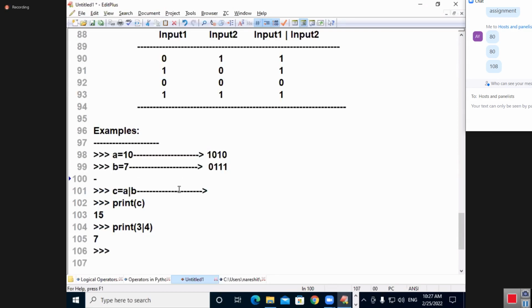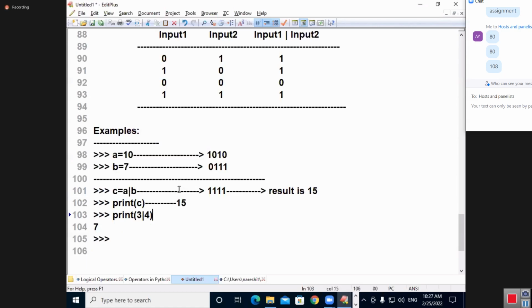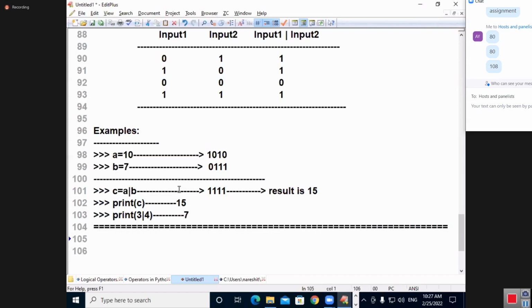I say, what is this? 1, 1, 1, 1. Whose result is what? Result is 15. Print of C, I got this result. 3 and 4, I got this. Okay, students? Fine. Easy or difficult? Easy. Not difficult at all.